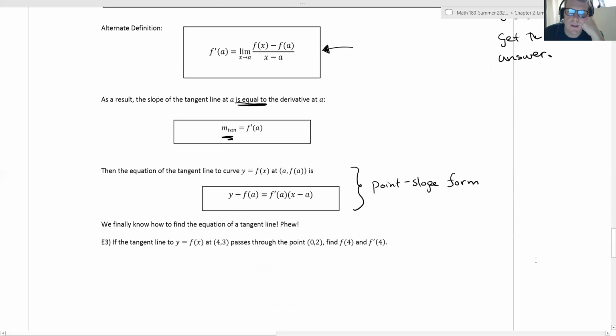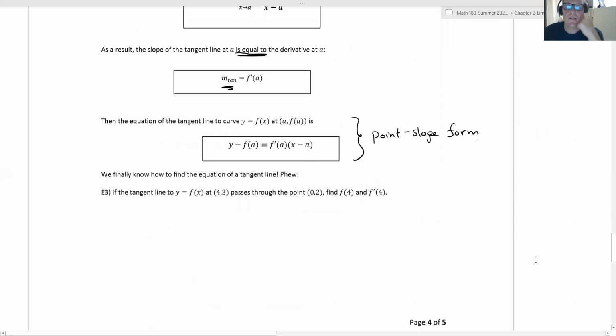So if the tangent line to y equals f of x at (4, 3) passes through the point (0, 2), find f of 4 and f prime of 4. So do those two things. Now, get this. Put this in the chat.